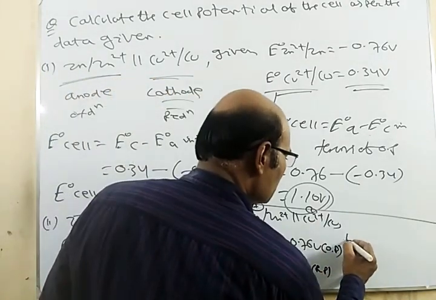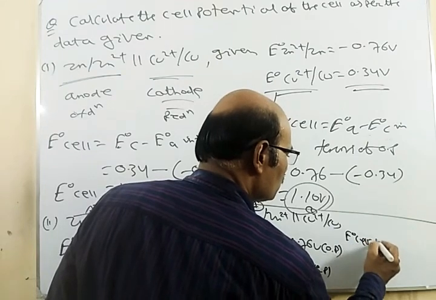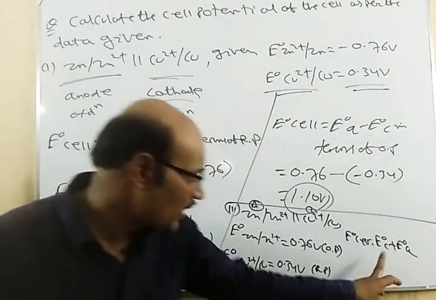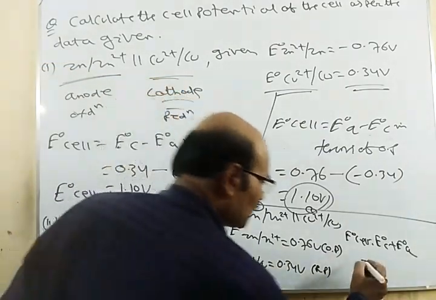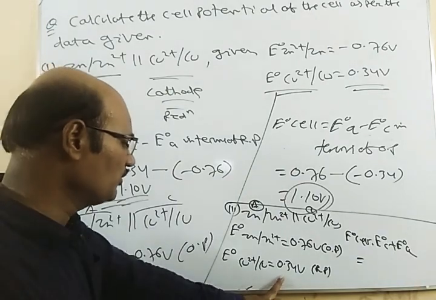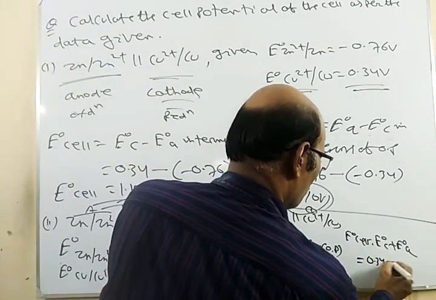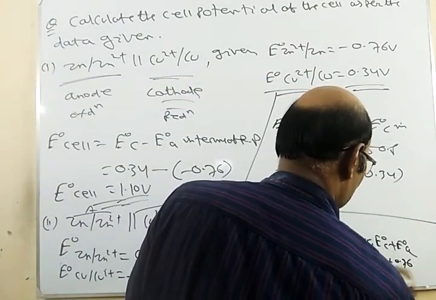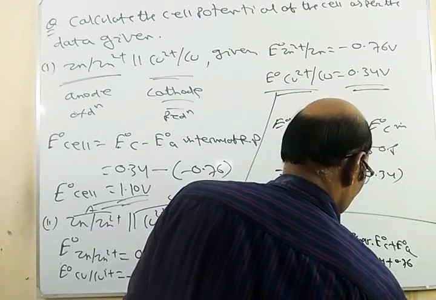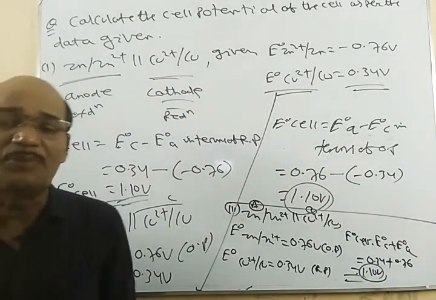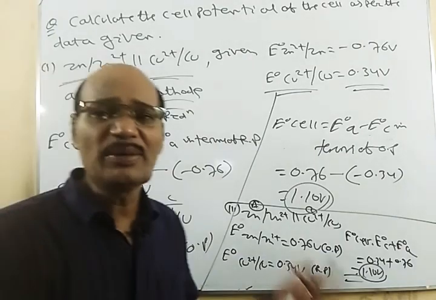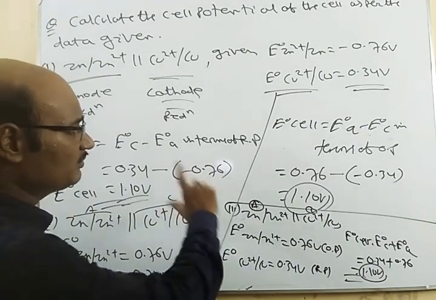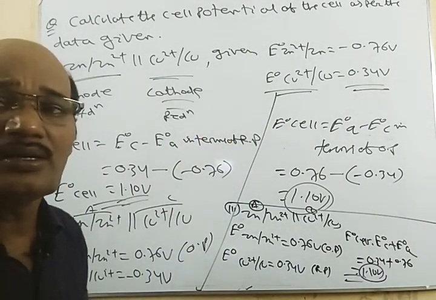Therefore E naught cell is equal to E naught cathode plus E naught anode, so 0.34 plus 0.76, answer 1.1 volt. If cathode RP and anode OP are given, just add. If only RP is given, cathode minus anode; if only OP is given, anode minus cathode.